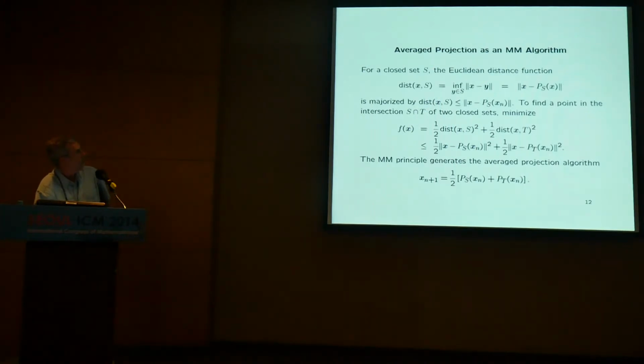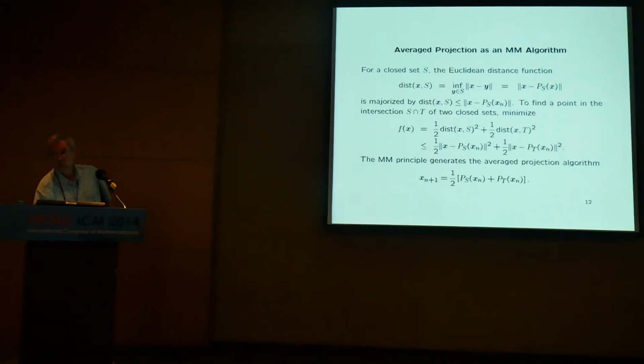So I define here the distance from an external point to a set S, and that's obtained at the projected point, p sub S of x, and you get a nice majorization with that projection function. So if x_n is your current point, then the distance from x to S is majorized by the Euclidean distance between x and the projection of the current iterate.